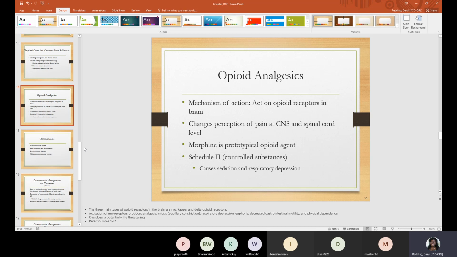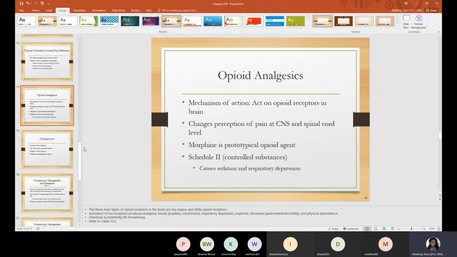An example of an opioid analgesic patch would be fentanyl, Duragesic. The three main types of opioid receptors in the brain are mu, kappa, and delta opioid receptors.